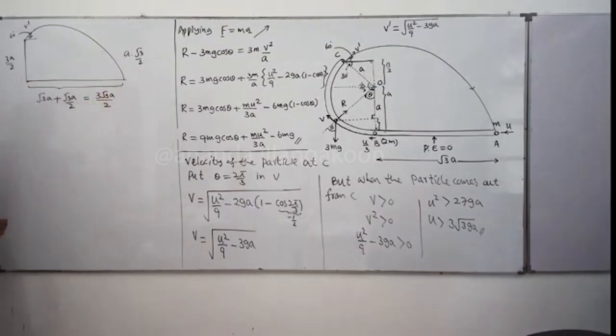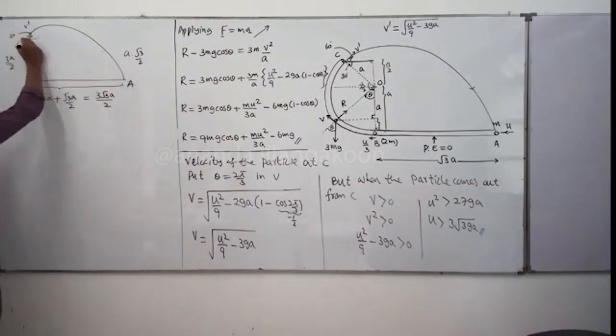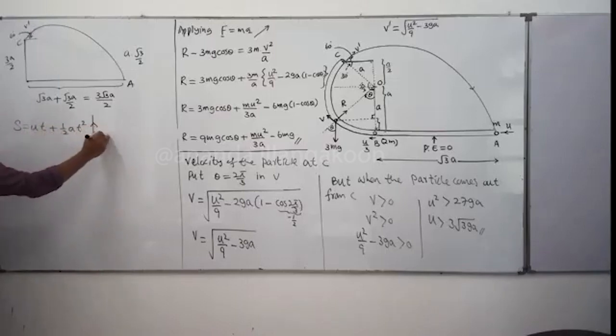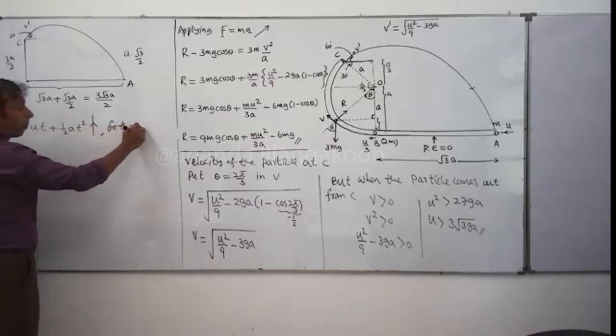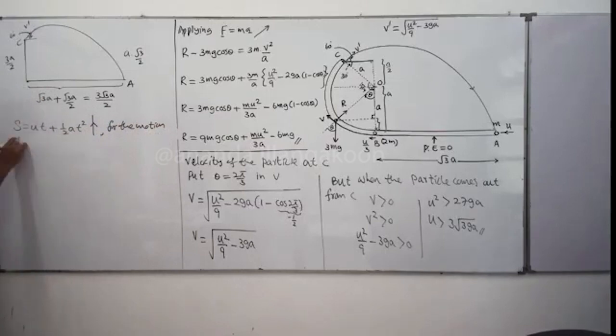Then we apply the equation of motion for this. Right? We can apply s equals ut plus half at squared vertically upwards for the motion CA, C to A. So what is the velocity? V dash sin 60 upwards. Now from here, the final particle is here.